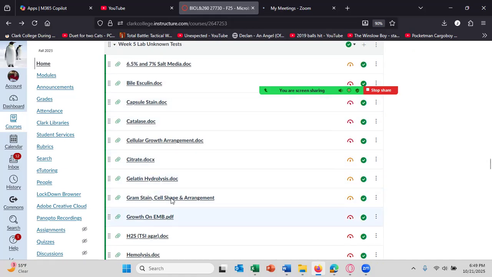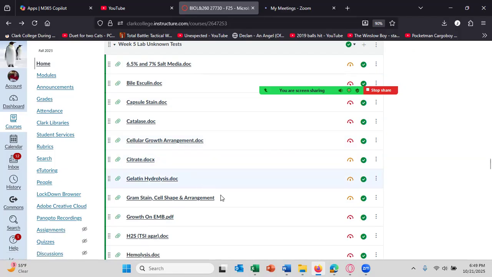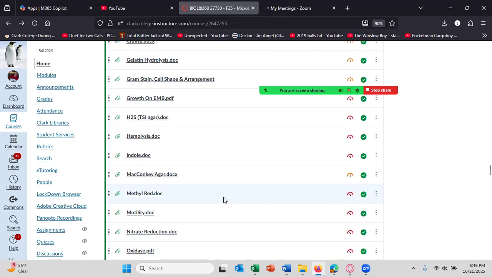So these are some other tests. Most of the tests are on the table, but I'm not sure that test is there. I'm not sure that growing on MacConkey agar is in the table.